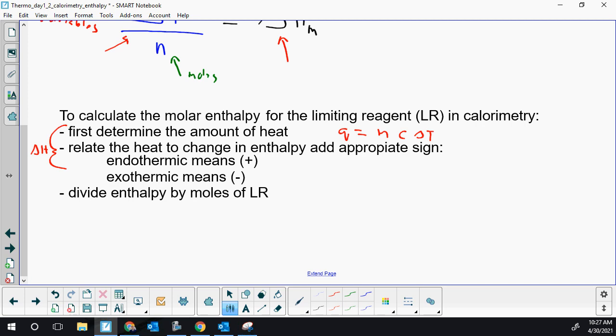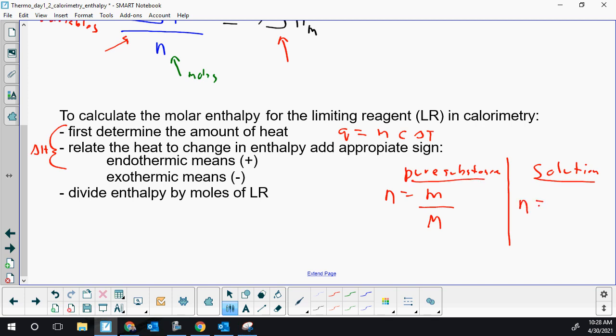Before I go on to an example, I'll just remind you of the two common ways you're going to have to calculate moles. If you have a pure substance, this might look like 10 grams of calcium metal reacts. Well, that 10 grams is pure. You need to take the mass of that substance and divide it by the molar mass, as opposed to a solution where you have a solute and a solvent.